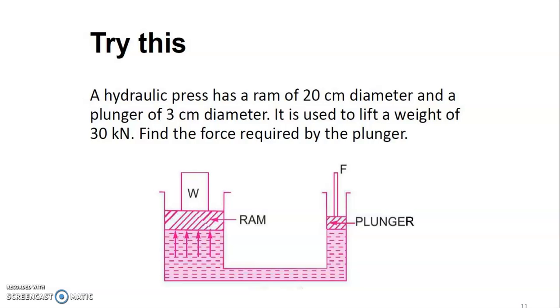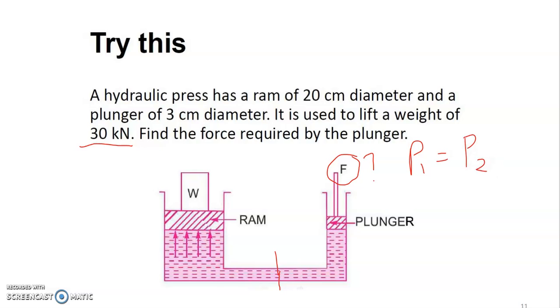Okay, another example is on hydraulics. A hydraulic press has a ram of 20 cm diameter and a plunger of only 3 cm diameter. It is used to lift a weight of 30 kilonewton, which we can change to newton by multiplying by 1000, and find the force required by the plunger. So we need to find the force here. The concept here is that pressure at the left must be the same as pressure at the right. So here we have P1 equals P2.